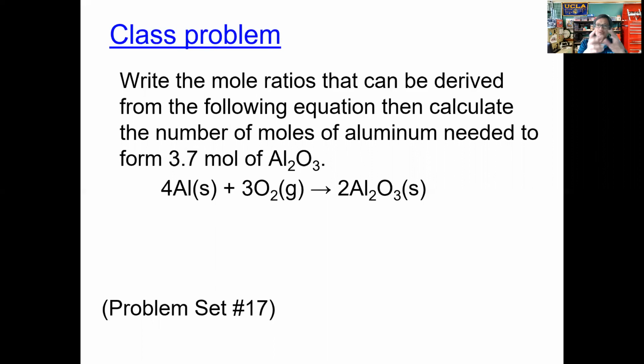So we pick two of the components of the reaction and make these mole ratios, and we can use them to calculate the ratios if we change the quantities.